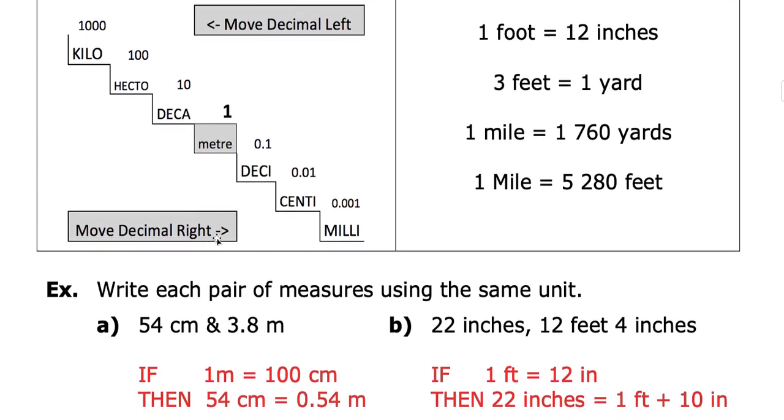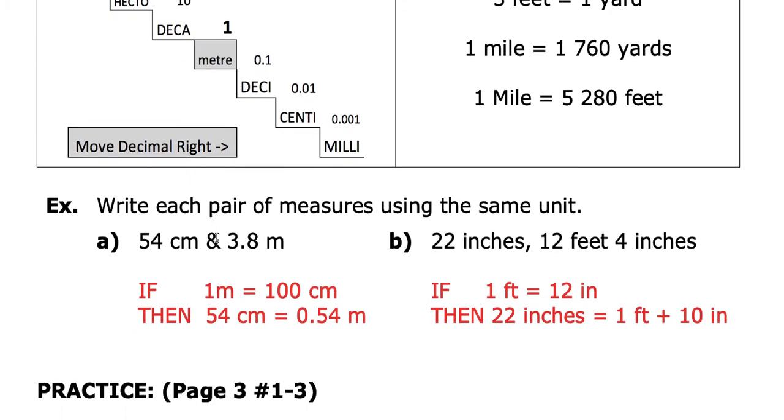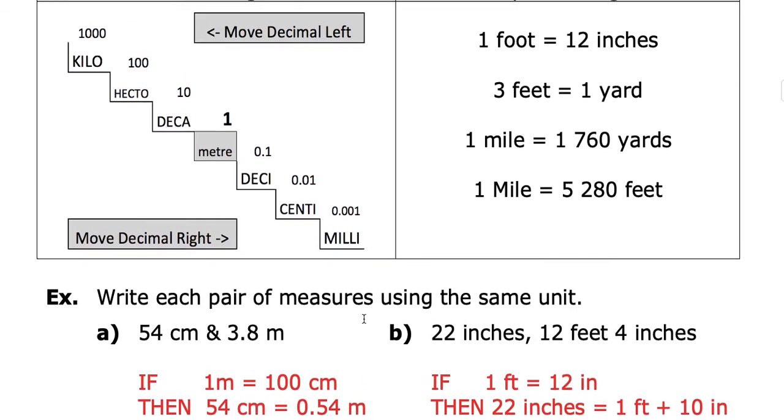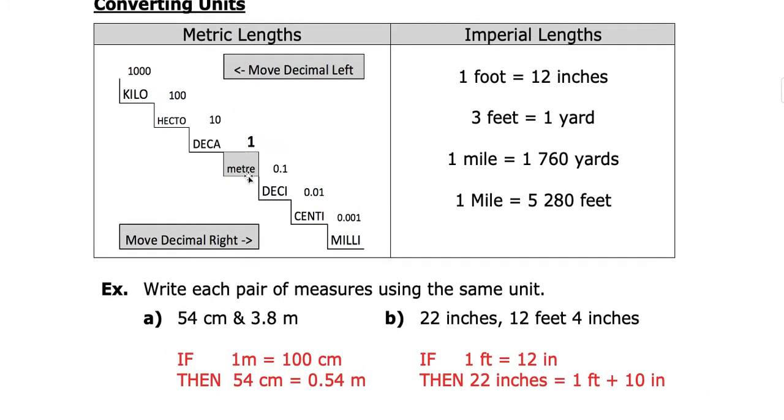So, let's do some examples involving metric units. Write each pair of measures using the same unit, 54 centimeters and 3.8 meters. If 1 meter is 100 centimeters, then 54 centimeters is equal to 0.54 meters. So let's investigate how this chart helps us convert between centimeters and meters.